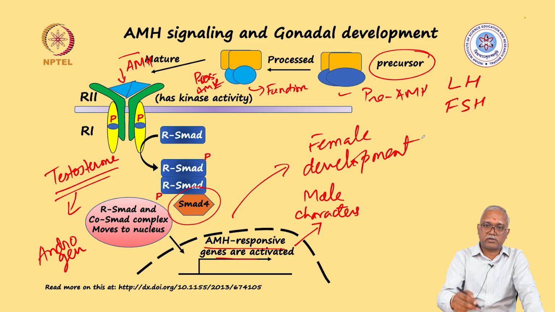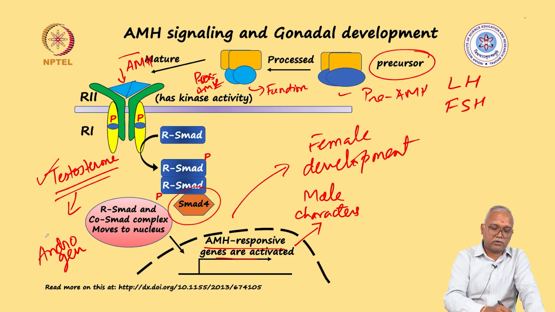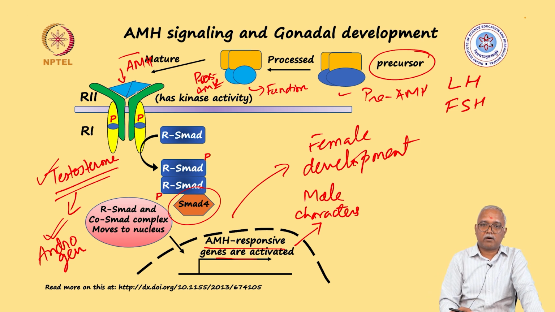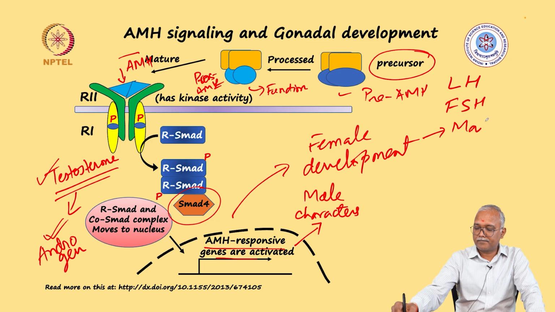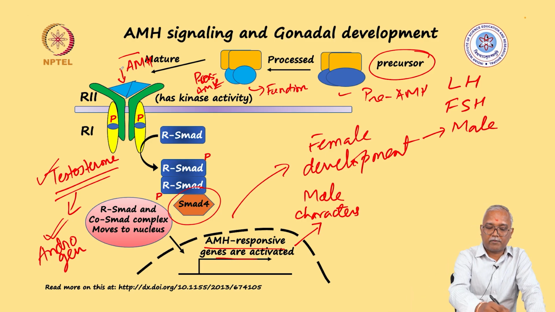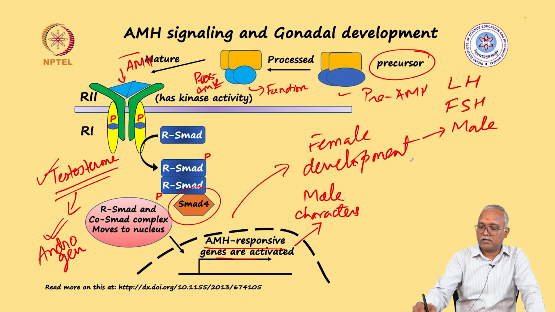So any situation where gonad development is affected, you will have levels of testosterone androgen perturbed, which will affect this anti-Müllerian hormone signaling cascade, and thus will create a confusion towards the development where the genotypically the organism will be male type, but because of the problem in this receptor signaling, the development will be female type.